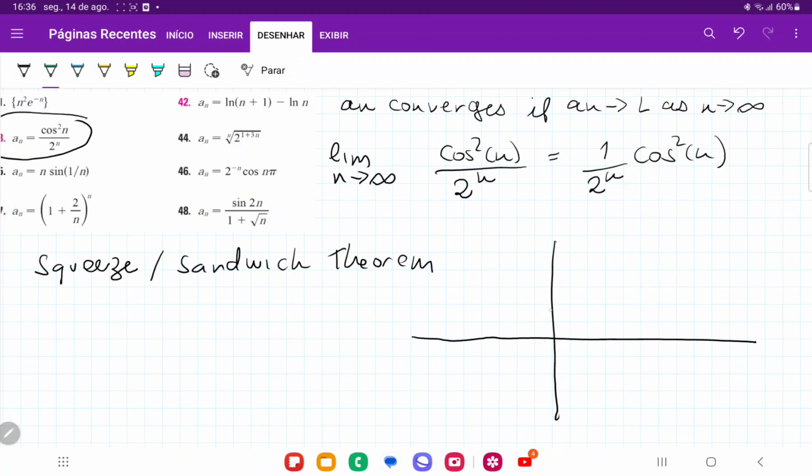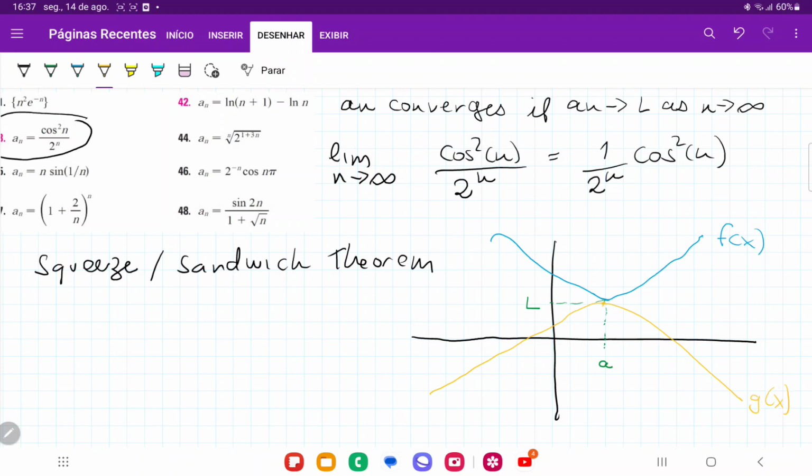So it says, if we have, I'm going to call this point here a, and this point over here L, and a function, which I'll call f of x, and we can see here that the limit as x approaches a of f of x is L. And then I have this other function that is less than f of x, and also has a limit at L.